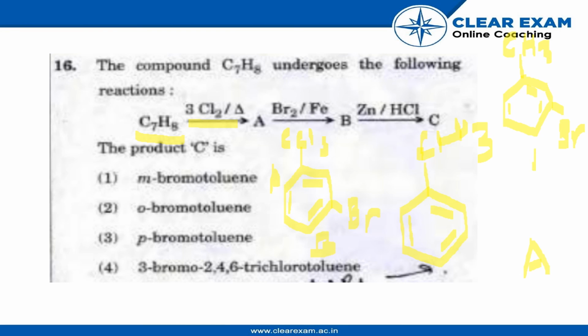So the correct option will be this. Let's see what the answer is. The correct option would be bromotoluene, so it's basically option first.